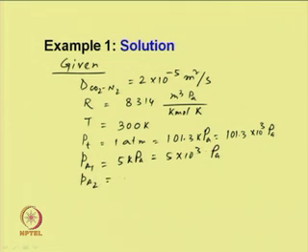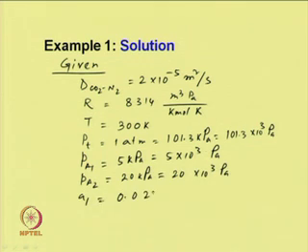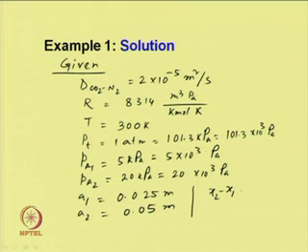PA2 is also given as 20 kilopascal, which is 20 into 10 to the power 3 Pascal, and A1 is 0.025 meter, A2 is 0.05 meter, the side of the triangle, and the distance x2 minus x1 is given as 2 meter.